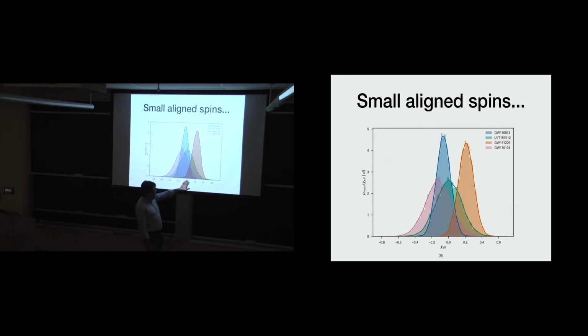If you look at the aligned component of the spin, it's small. Now, that doesn't tell you about angles, but it's suggestive. If I have black holes regularly spinning somewhat rapidly, and I put them through a tumble dryer, there's a phase space argument.